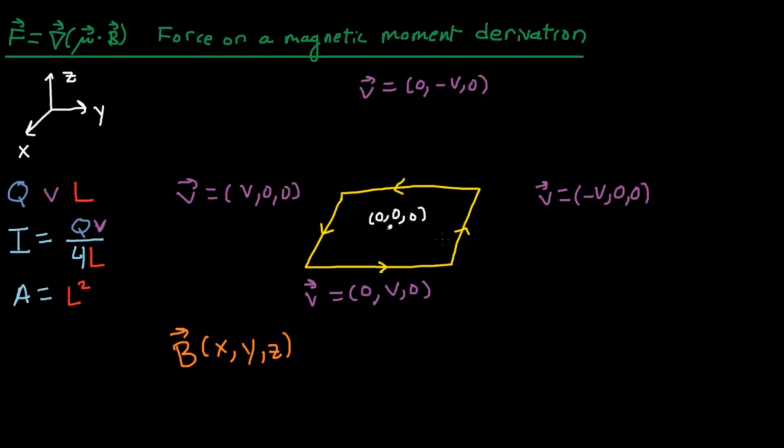So what that means is that we can find the value of the magnetic field on each of these 4 segments of wire by doing a Taylor expansion.